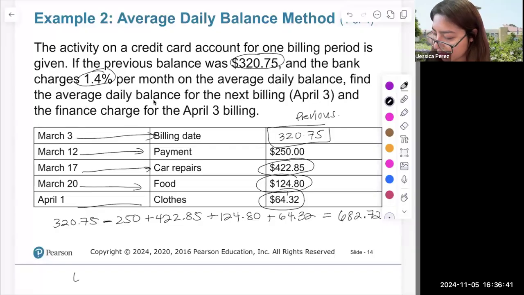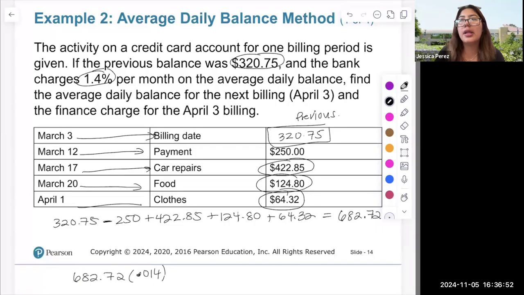So you're going to have 682.72 times, since I'm going to multiply by 1.4%, 0.014. I multiply 682.72 times 0.014, and that gives me 9.55. That's just the interest.